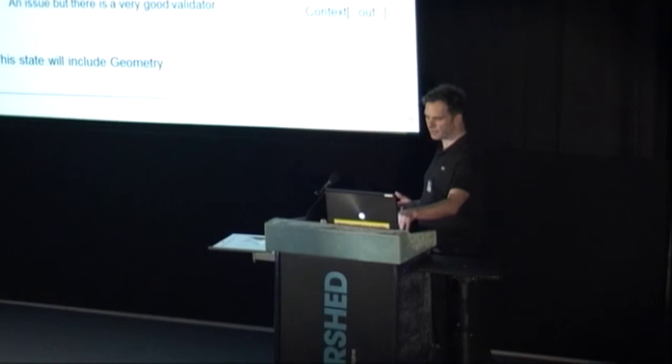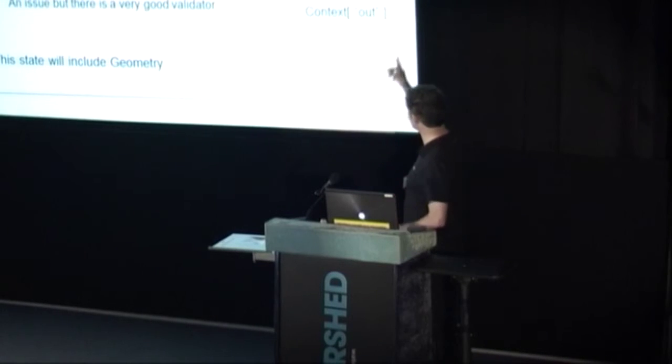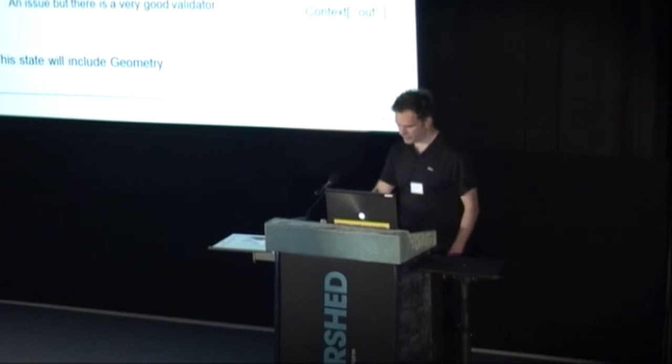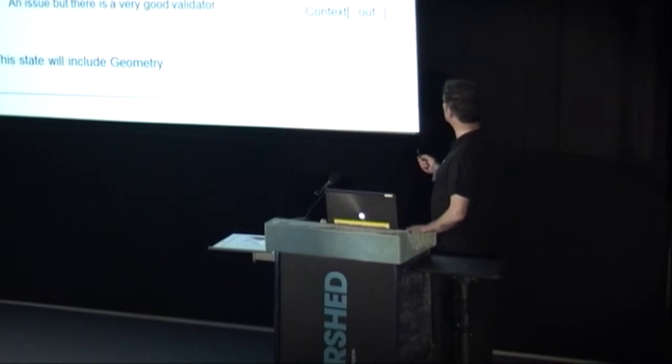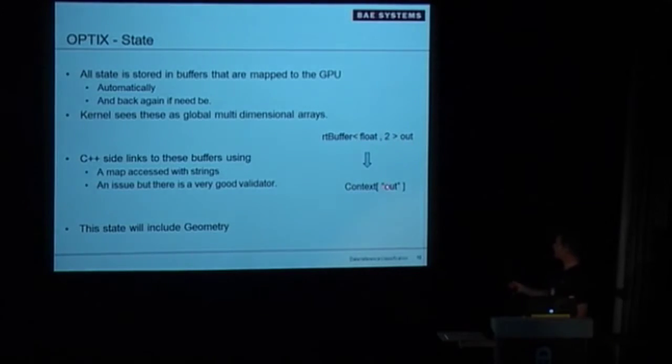One thing to note is that this string has to match the name of the buffer. Sorry, I'm pointing at the screen here. So out has to match the string out.